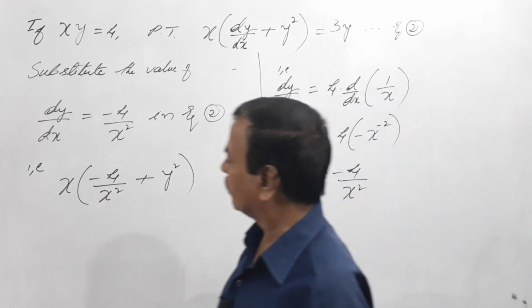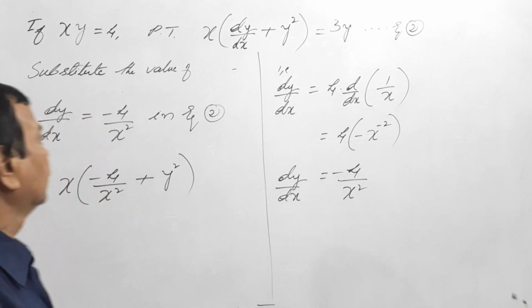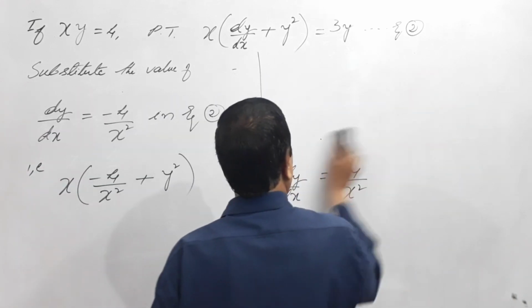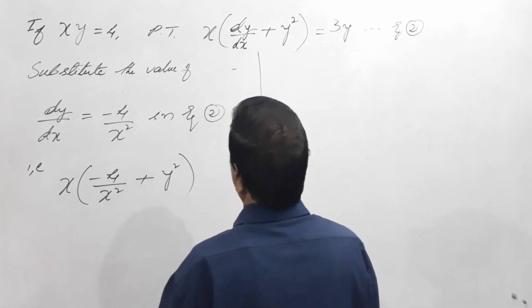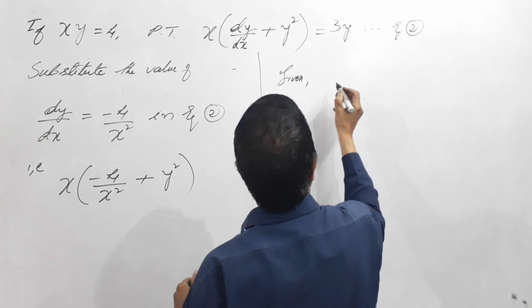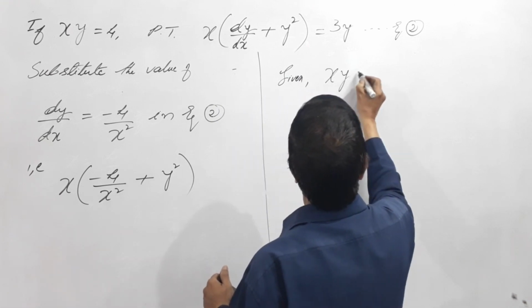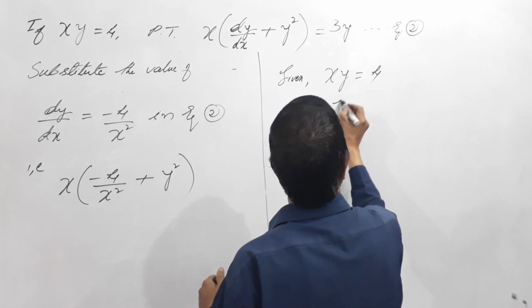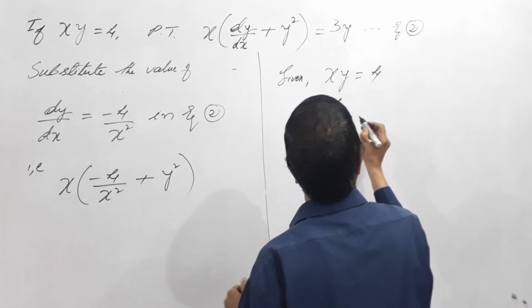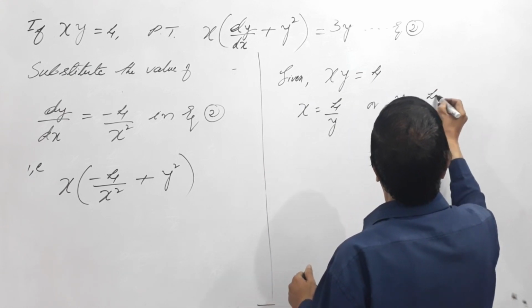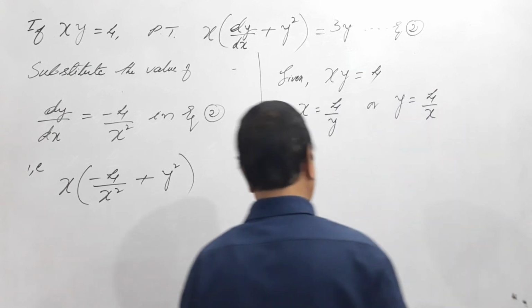So what happens here? What is x? Given xy equals 4, x equals 4 by y, or y equals 4 by x.